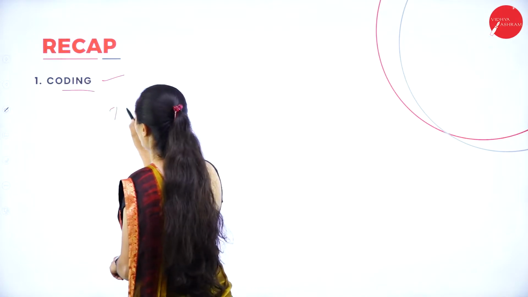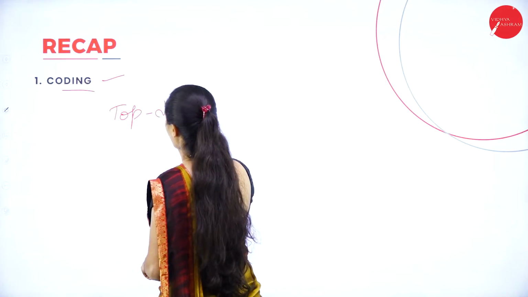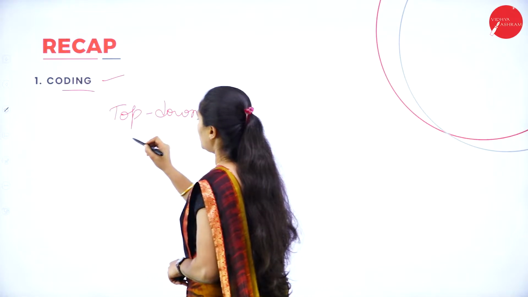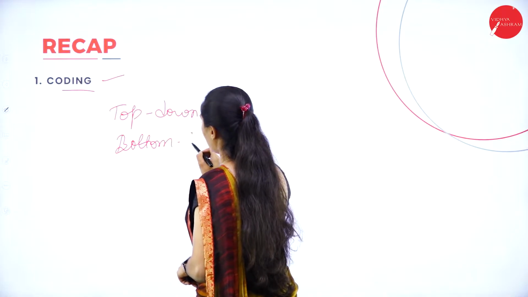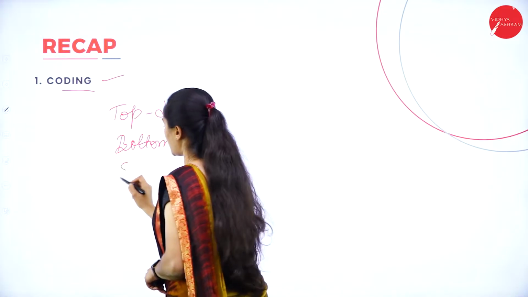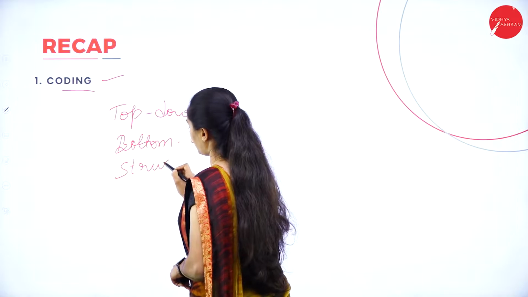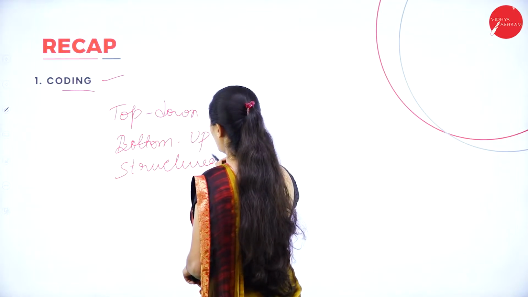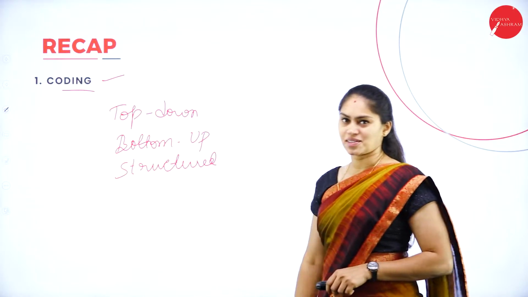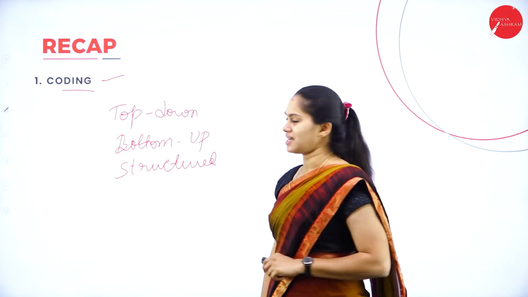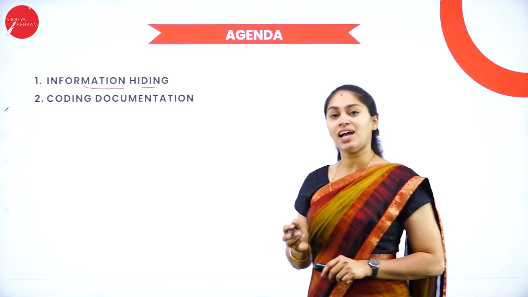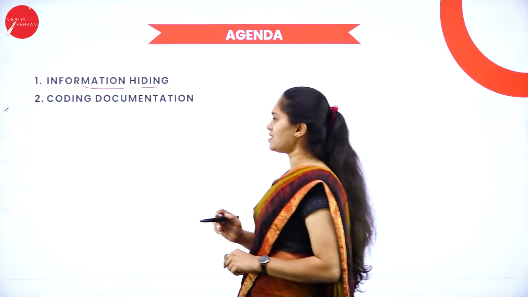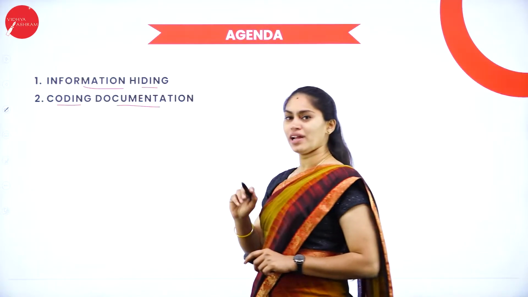In this coding, we have four kinds of approaches. We learned about top down, bottom up programming, and also structured programming. So we are left with information hiding, which is what I will be discussing in today's session. We'll see what information hiding means and why it is necessary, and I will also discuss coding documentation.